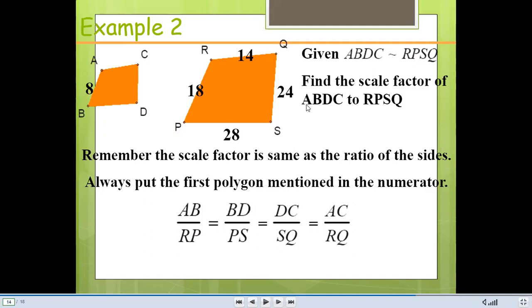DC over SQ. Yes, and the last one will be? AC over RQ, exactly.